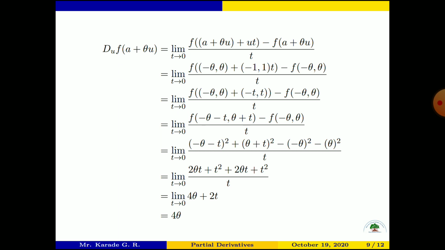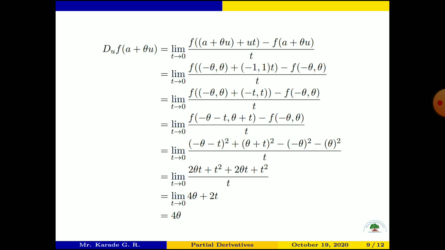It is equal to limit t tends to 0 f of minus theta plus minus t comma theta plus t, minus f of minus theta comma theta, divided by t, which equals limit t tends to 0 f of minus theta minus t comma theta plus t minus f of minus theta comma theta.